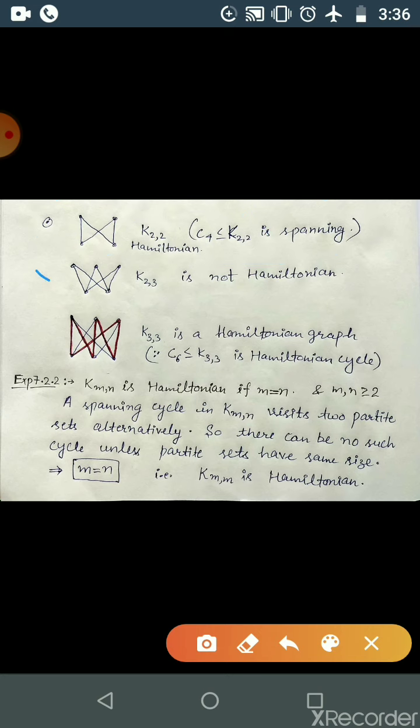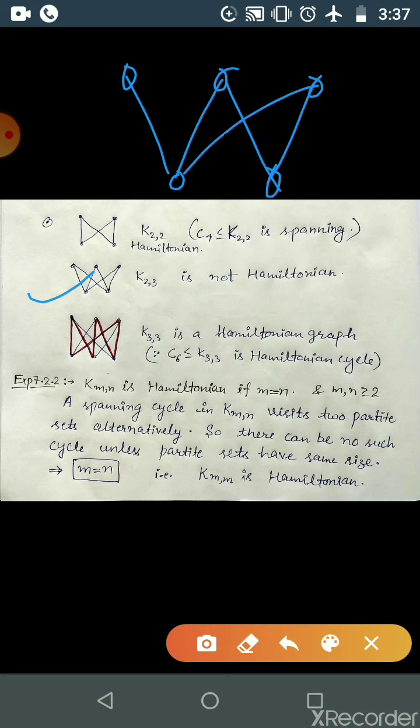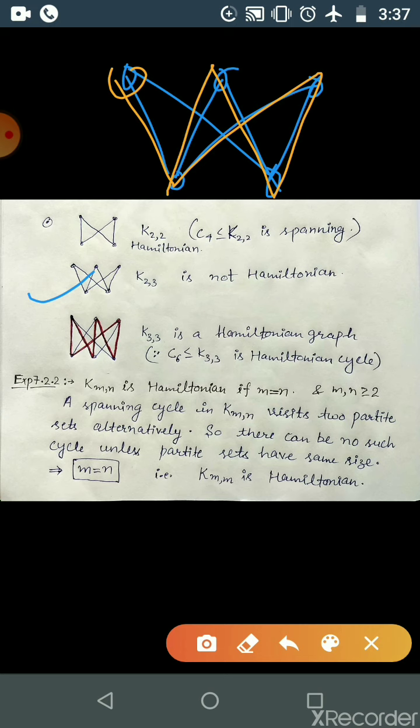Now you can consider K23, this one. K23 is not a Hamiltonian graph. Why? You cannot find any cycle which contains all the vertices, okay. So can you find one? Just check it. If you are starting with this vertex, you can go to this one, this one, this one, then this is not a cycle, correct.